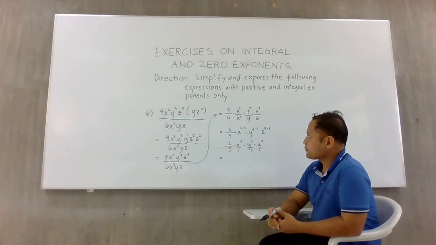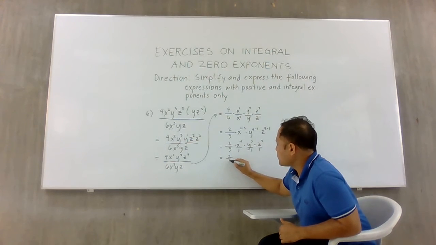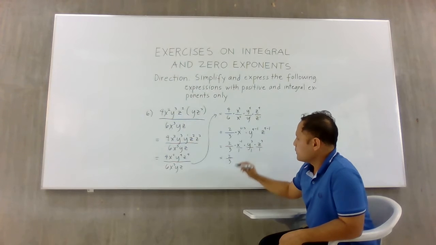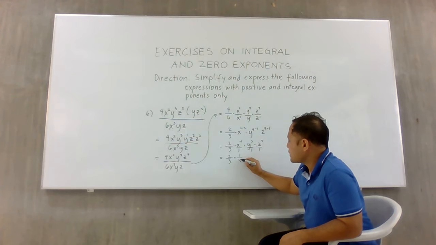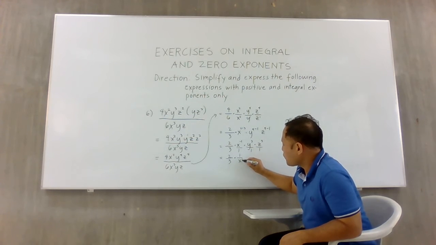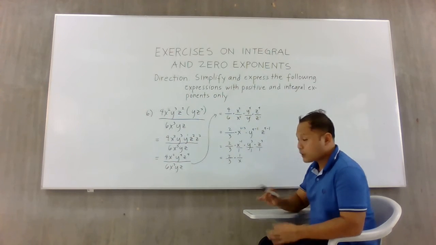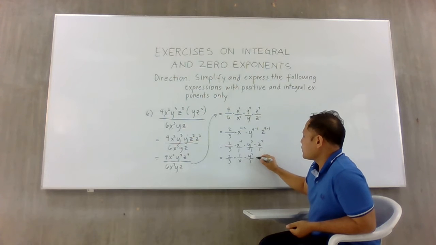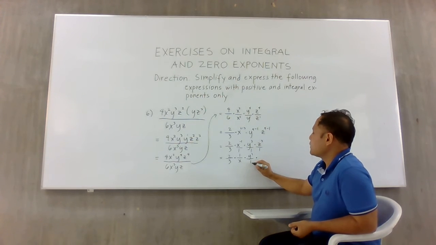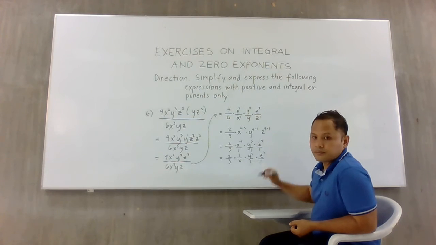So we have to reciprocate that. So we have 2 thirds times x, which is reciprocated. It has already positive 1, and you can erase that one because it is already understood. Then y cubed, there is one denominator, and we have z cubed over 1.